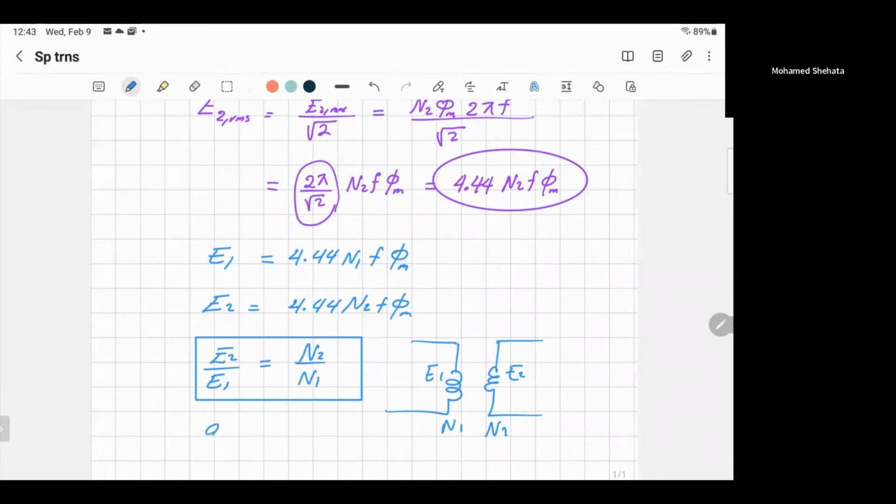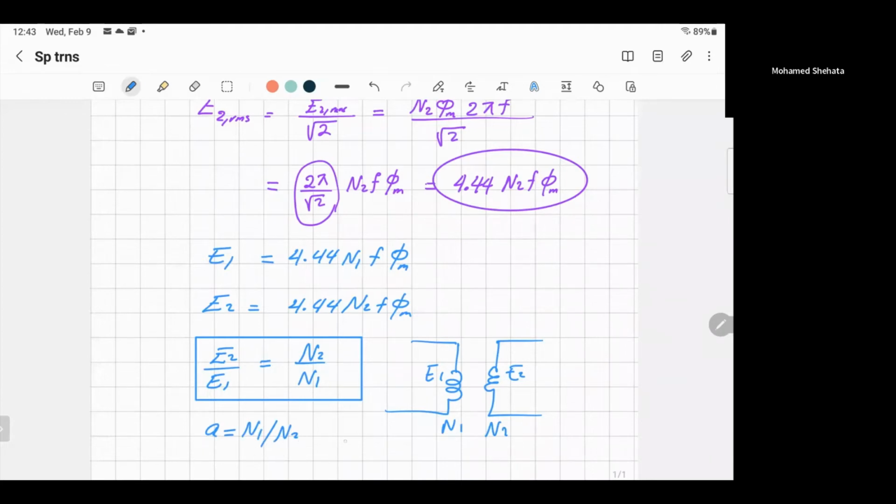Well, it depends on the definition of turns ratio. We call it turns ratio, I will choose N1 by N2. Some textbooks use N2 by N1. Doesn't matter. You can do that.